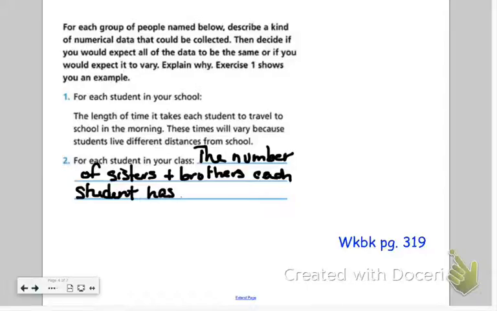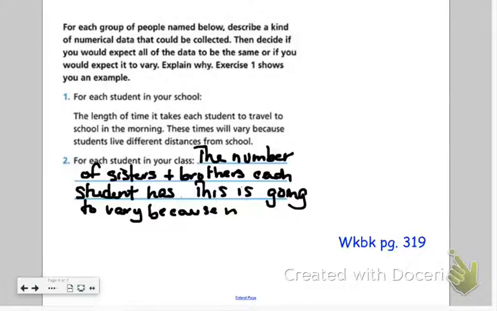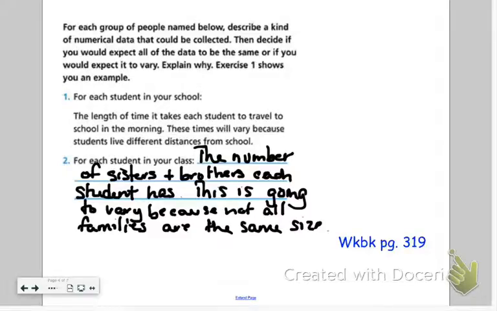And this is going to vary because not all families are the same size. So I do expect different answers. Somebody might only have one brother or sister. Somebody might have 4 or 5 brothers or sisters. Every family is different. You can answer the rest of the questions on page 319 on your own, or I shouldn't say answer questions, but try to come up with situations where you could collect numerical data.